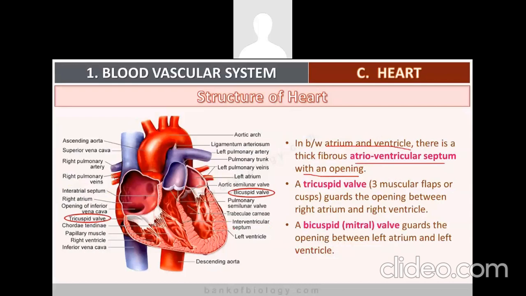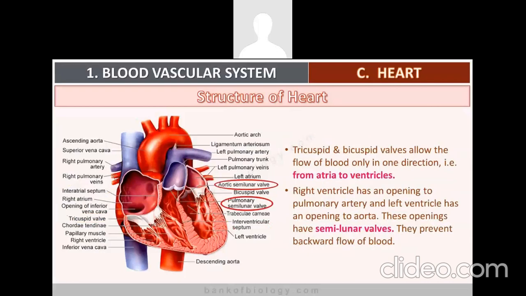Hence, there is an atrioventricular valve, and this consists of a tricuspid valve which has three muscular flaps or cusps, which does the job of opening and closing flexibly, and guards the opening between the right atrium and the right ventricle. The bicuspid valve guards the opening between the left atrium and the left ventricle. To note here, the bicuspid valve is also known as the mitral valve.